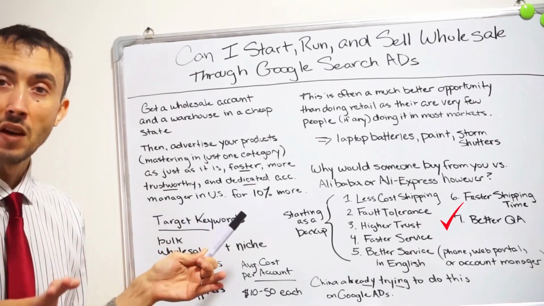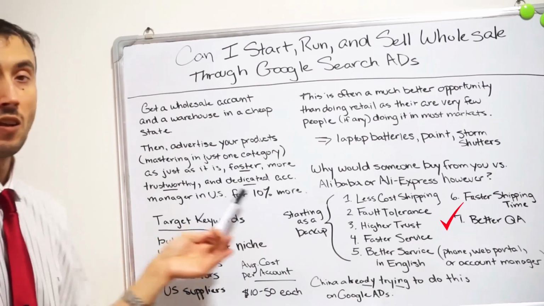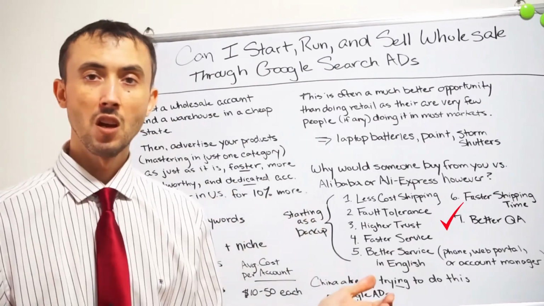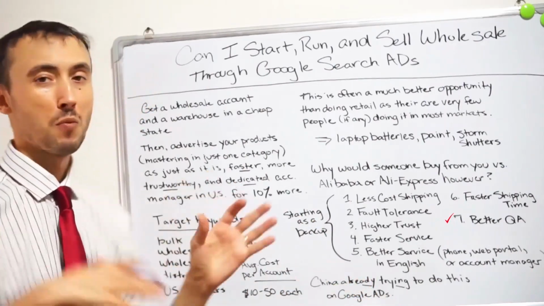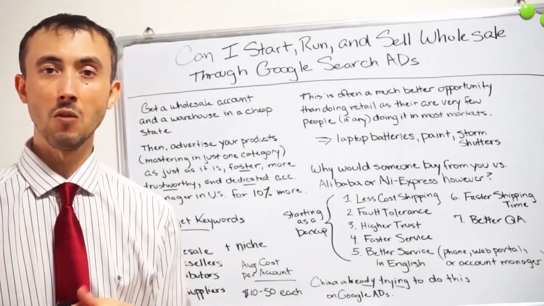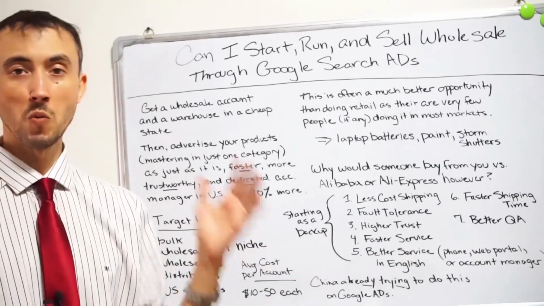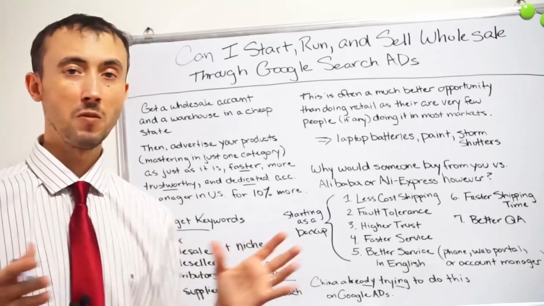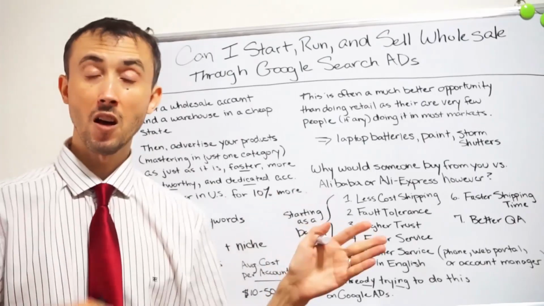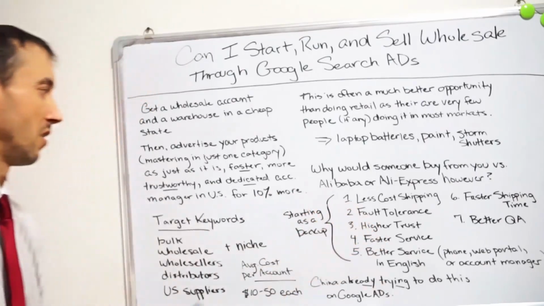Of which is in the US, not China, and for only a 10% premium basically on top of what you would have to pay to get it from China anyway, which is a fair price. Most people will think that's perfectly fair. You get those advantages, maybe not all, but who cares? You don't need every single person.